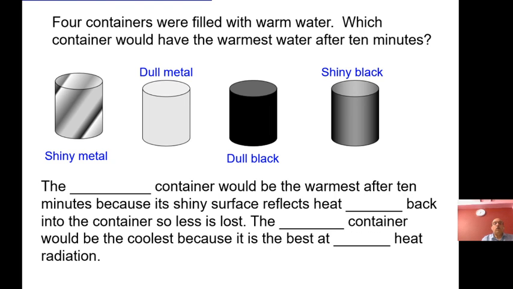We fill warm water inside them of the same temperature at the same time. Then you have to find out which container will be warmest after 10 minutes. Think about Kirchhoff's law of radiation.